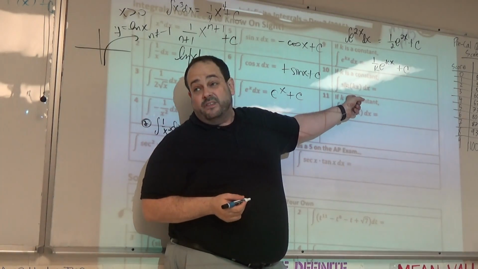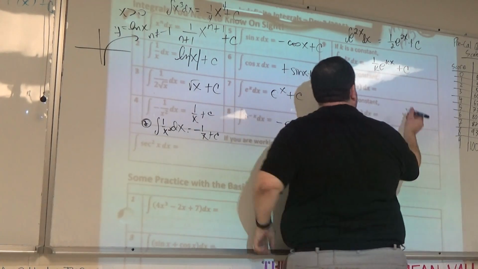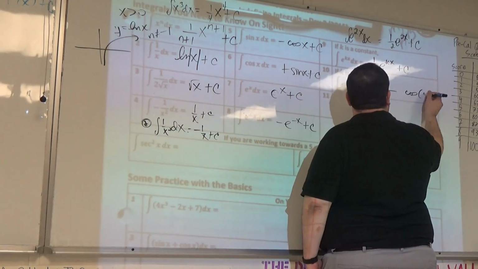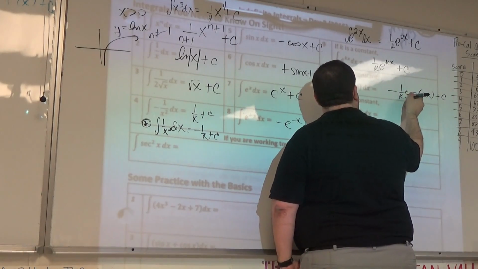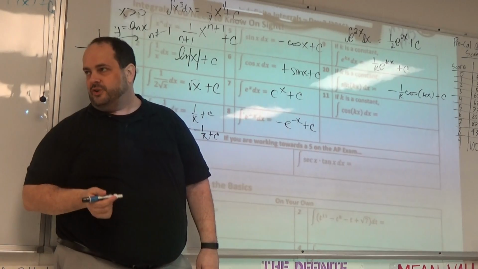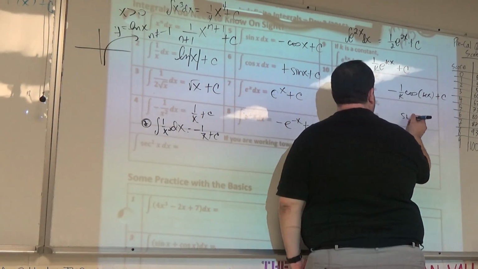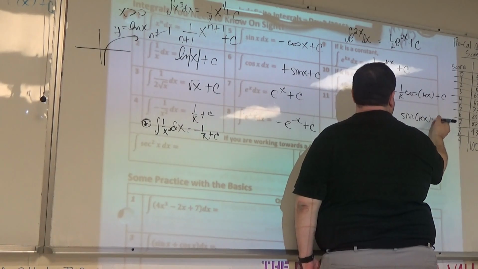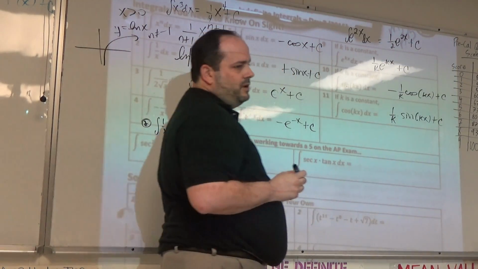The antiderivative of sine of stuff, we've already established is negative cosine of the stuff plus c. And there's going to have to be a -1 over k in front. Again, chain rule stuff that we're trying to undo here. The antiderivative of cosine kx has to be sine kx plus c with the little 1 over k in front.